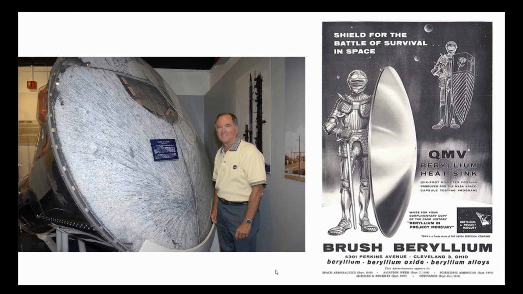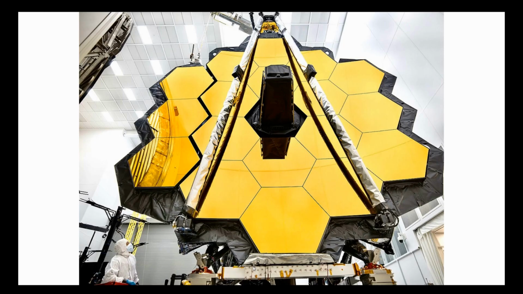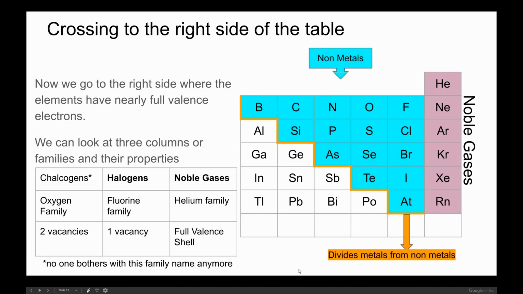They've switched materials over time, but the beryllium was still a really good heat shield, just expensive. If one of those wrenches was $500, try to imagine how expensive this shield of pure beryllium was. Currently, beryllium is being favored in a lot of mirrors, and this is the James Webb Space Telescope, and the mirrors are made out of beryllium.